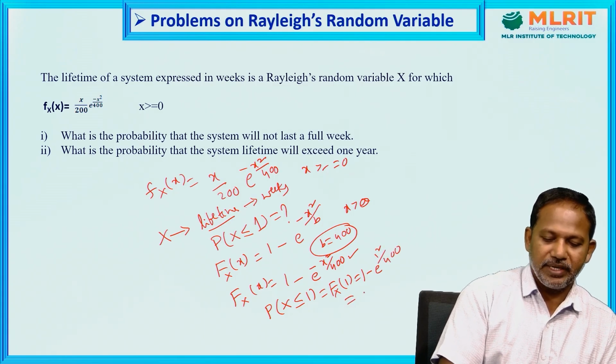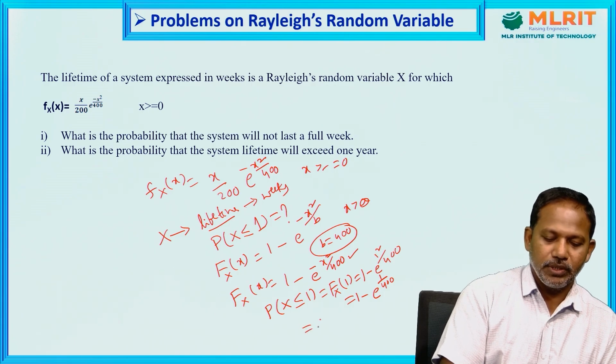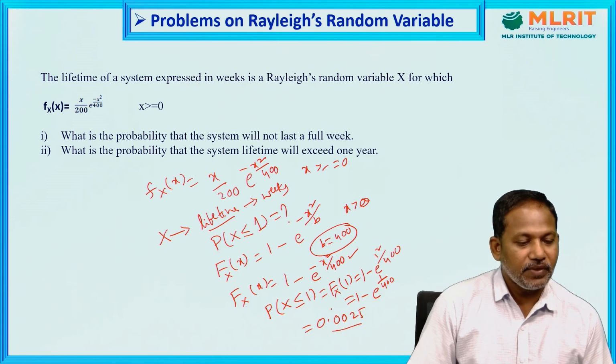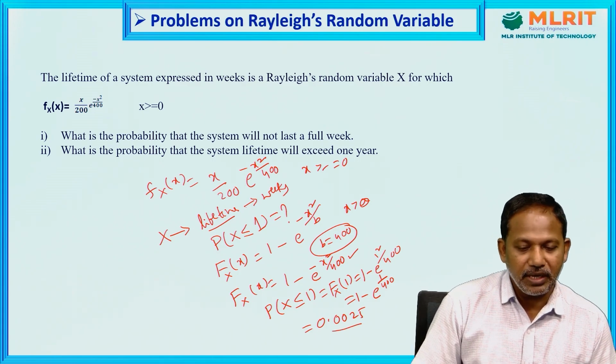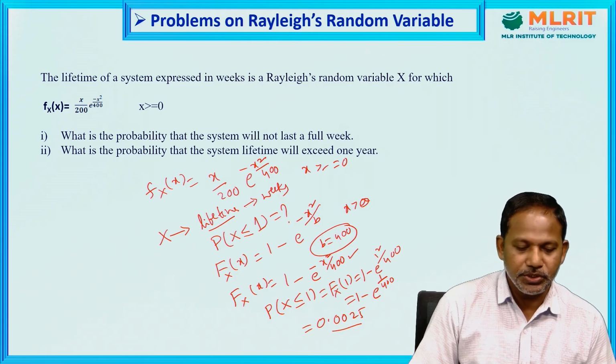So this will be 1 minus e power minus 1 by 400, which is equal to 0.0025, like that. So this is the probability that the system will not last a full week, that is P of x less than or equal to 1 is 0.0025.